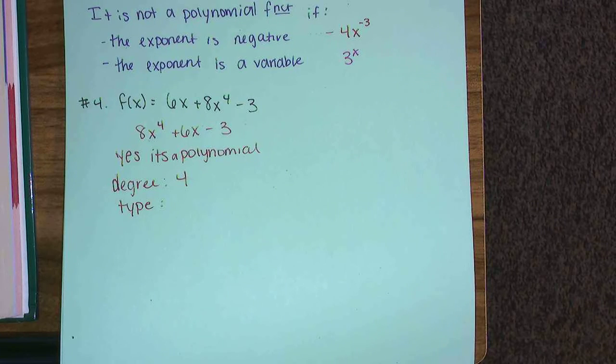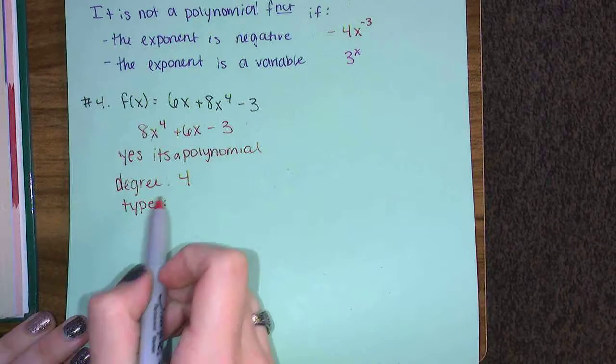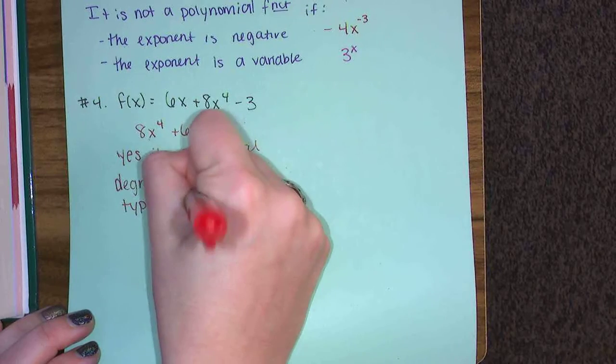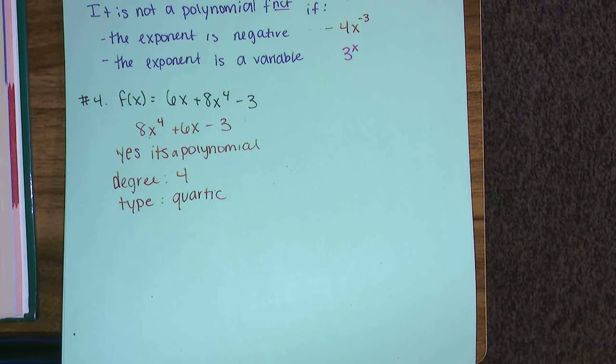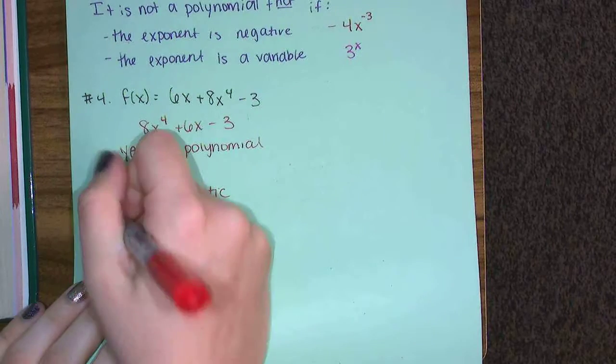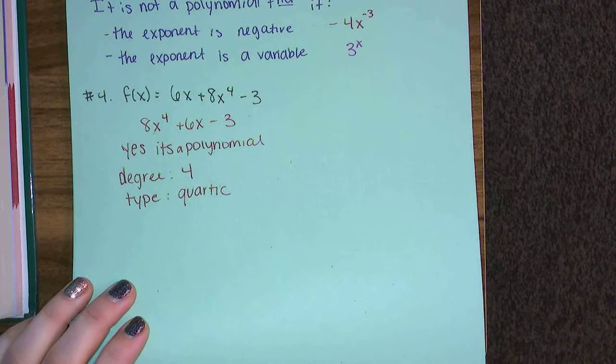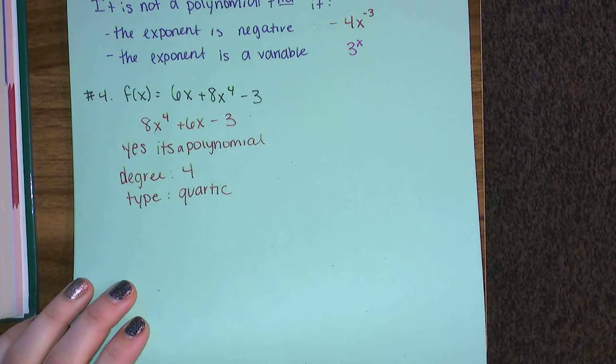Alright, what is the type? Quartic. If you actually write quarter but with an ick, I might laugh and I might give you a bonus point.